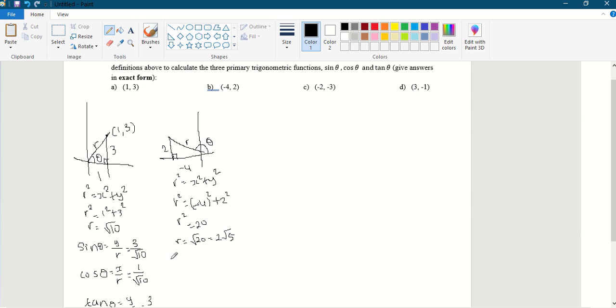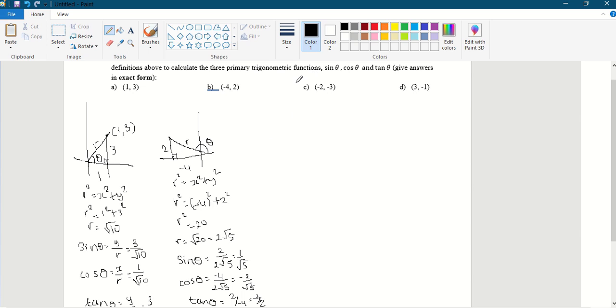Now writing those trigonometric ratios again, sine theta is y over r, so 2 over 2 root 5, which is 1 over root 5. Cos theta equals adjacent over hypotenuse, so negative 4 over 2 root 5, which ends up being negative 2 over root 5. And lastly, tan theta equals opposite over adjacent, so 2 divided by negative 4, or negative a half.